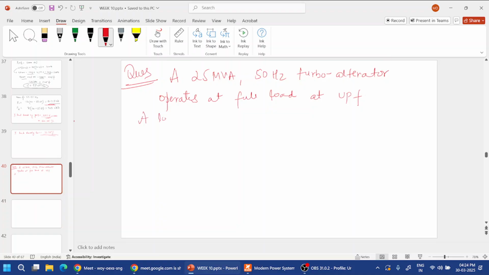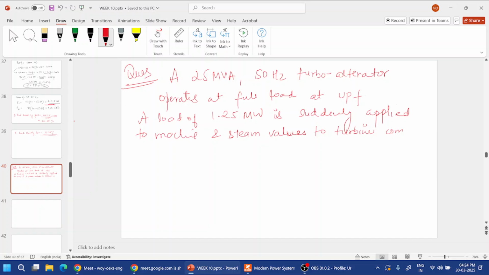A load of 1.25 megawatt is suddenly applied, and the steam valve to the turbine commences to open after 0.5 second due to time lag in the governor.